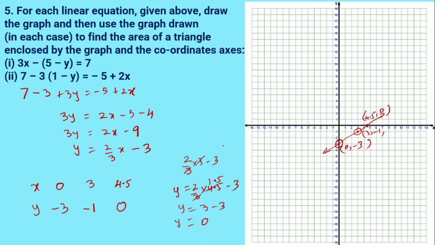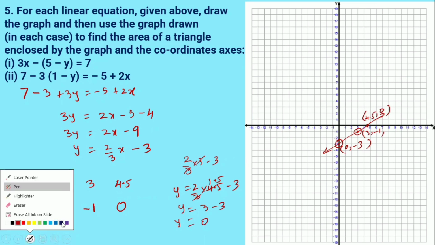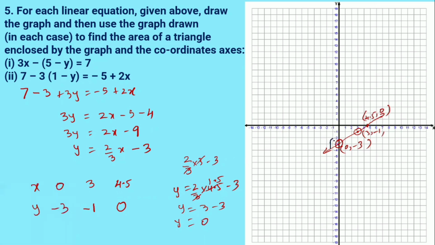Now let us take the area of this triangle. Let us name this triangle POQ. So this is the point P, this is O, and this is Q. This is again a right triangle. So area of triangle POQ is equal to half base into height. Let us take this base as 3 units, we cannot take the distance as negative, into 4.5.